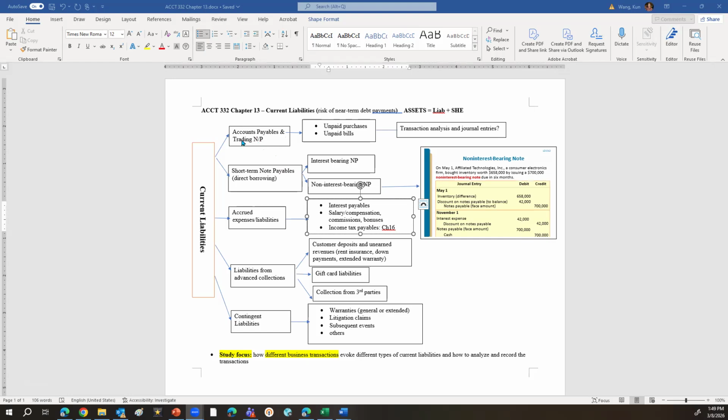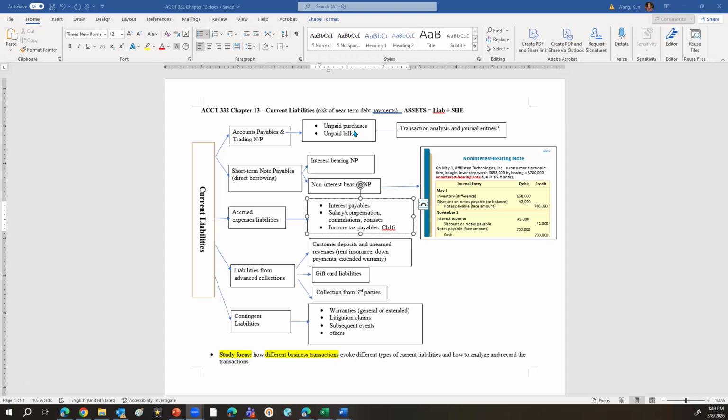For example, the first group in the book, they call open accounts payable and trade notes payable. These two types of current liabilities are generated if the company has unpaid purchases, right?